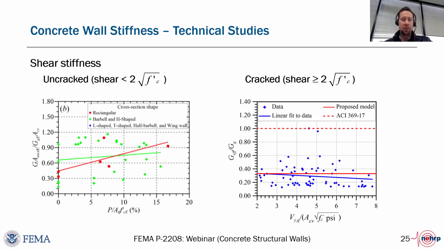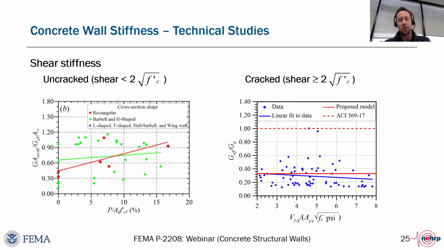And some people looked at that 0.4 and thought, oh, that's the cracking modifier for shear. Actually, the reality is it was put in the form of EA, but we know that shear stiffness is determined by a shear modulus rather than the modulus of elasticity.